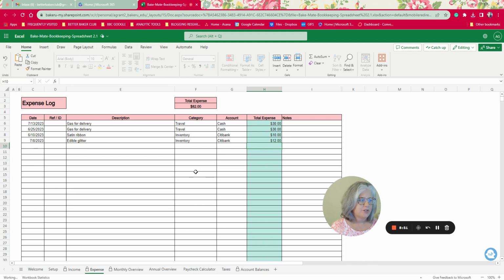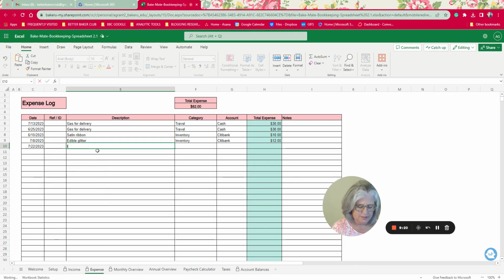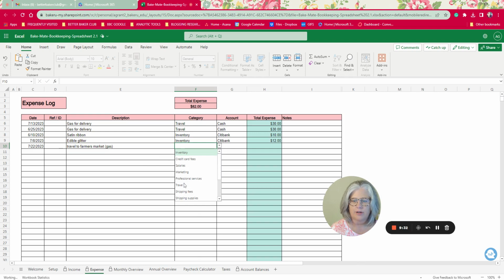All right, let's jump down to some of the expenses that are listed out on the sample data as overhead style expenses. They're still expenses. This is still money that we're spending in our business, and this is travel to and from the local farmers market, and that's $80. So this was on July 22nd, 2023, and this is travel to farmers market, which is essentially gas, and it goes in the travel category.